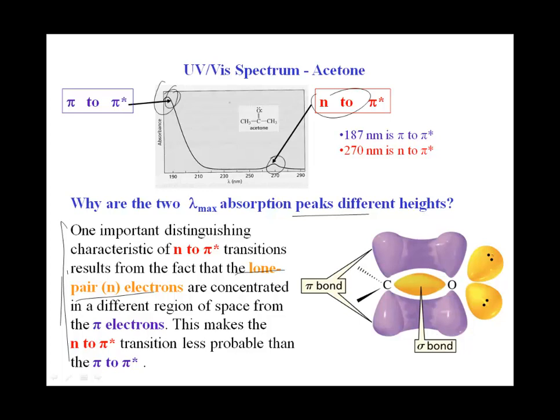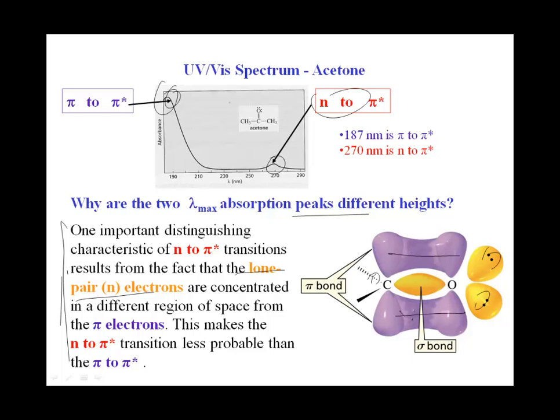So say in the CO molecule, you have lone pair electrons on the oxygen, maybe on the carbon as well. And these are concentrated in a different region of space from the pi electrons, because the pi electrons, as you see here, are in this region. So the pi and pi star electrons are in the same region of space for the molecule.